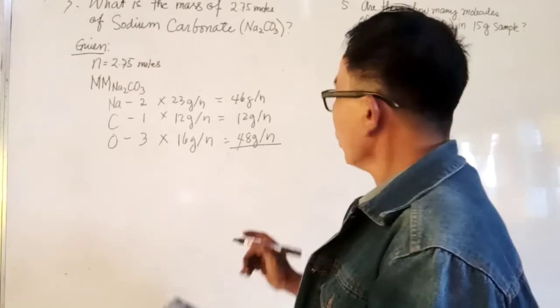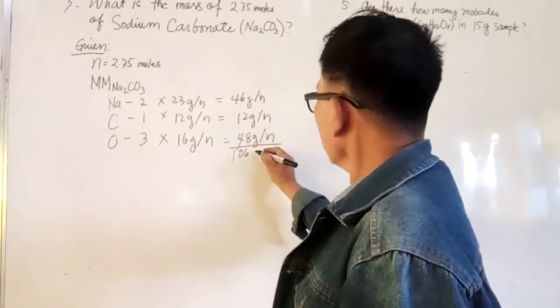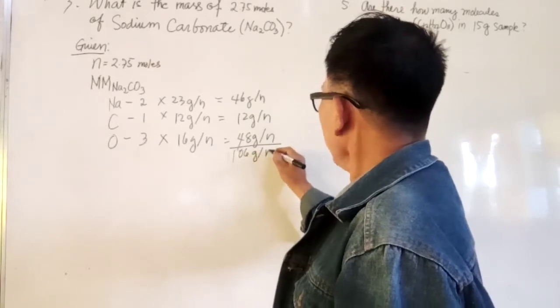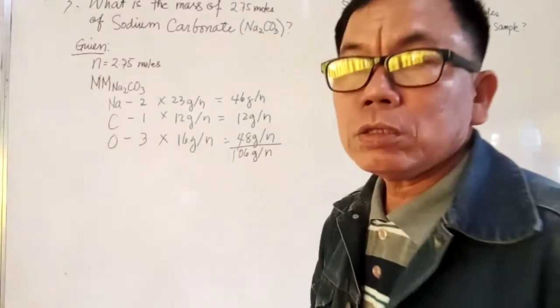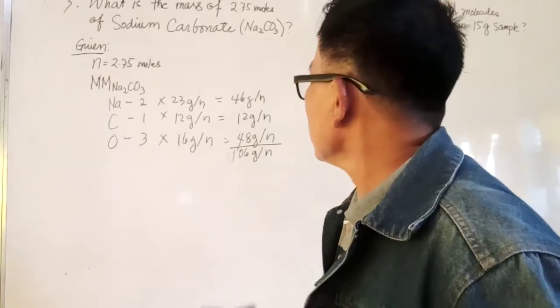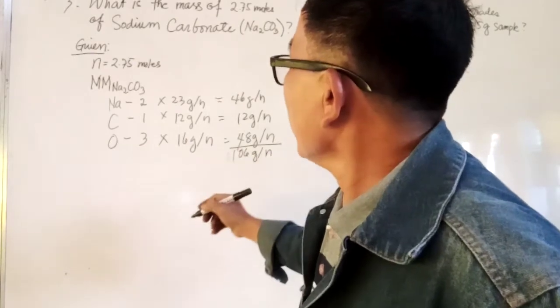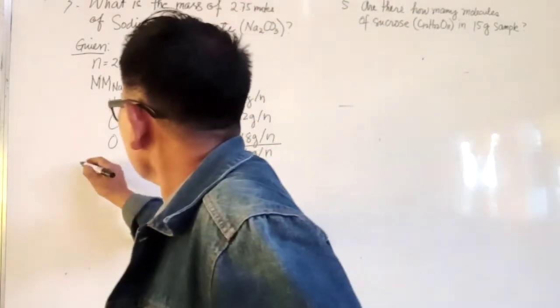It will give you 106, so 106 grams per mole. And this is now the formula mass, or the molar mass, of sodium carbonate. From here, let's find out what is required.